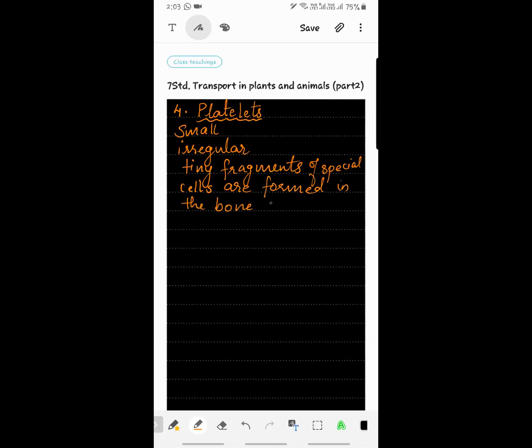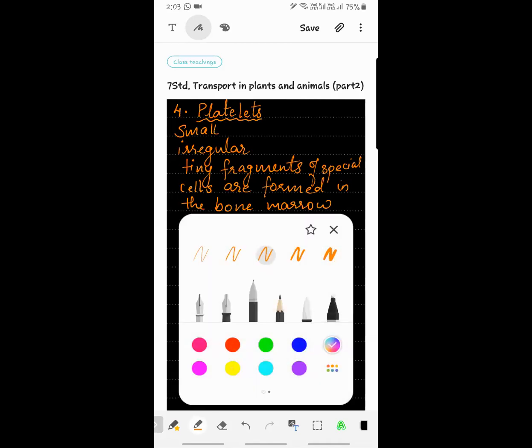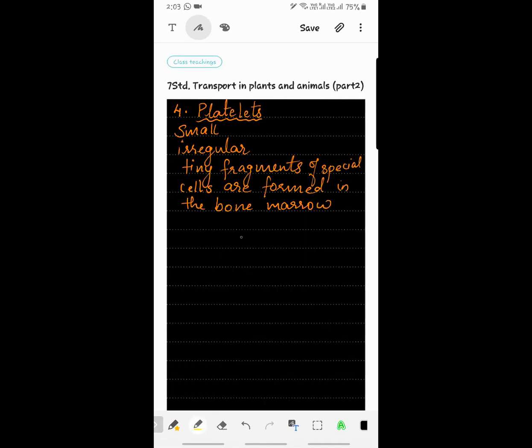We'll see what is bone marrow. Bone marrow means there will be a bone and inside it will be hollow. Inside this hollow you can see a network-like structure of soft tissue inside the bone.